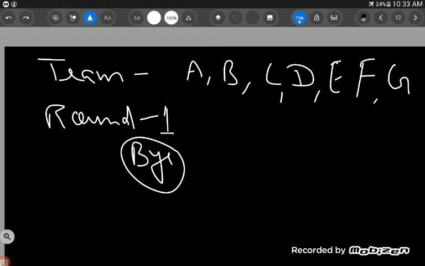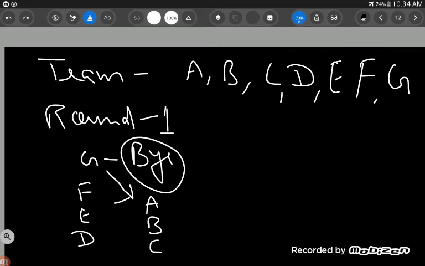Then you will write all the teams downward from the right hand side to the left hand side. First team is A, then second team, third team, fourth team, fifth team, sixth team: A, B, C, D, E, F and G team. Also you will draw an arrow here.